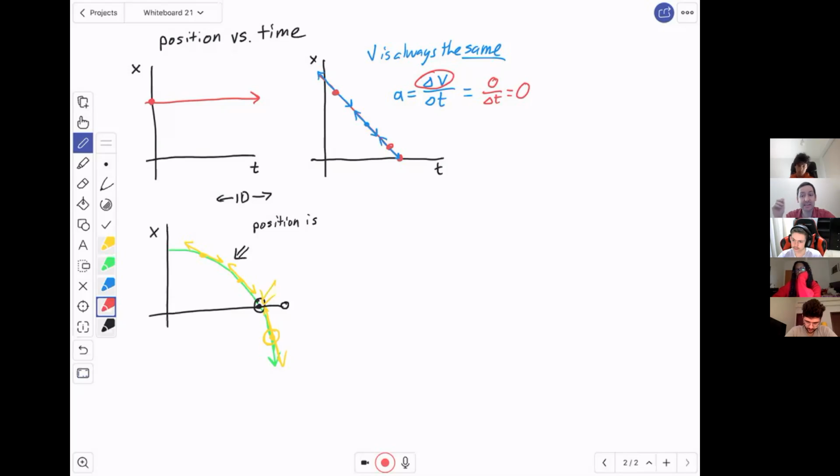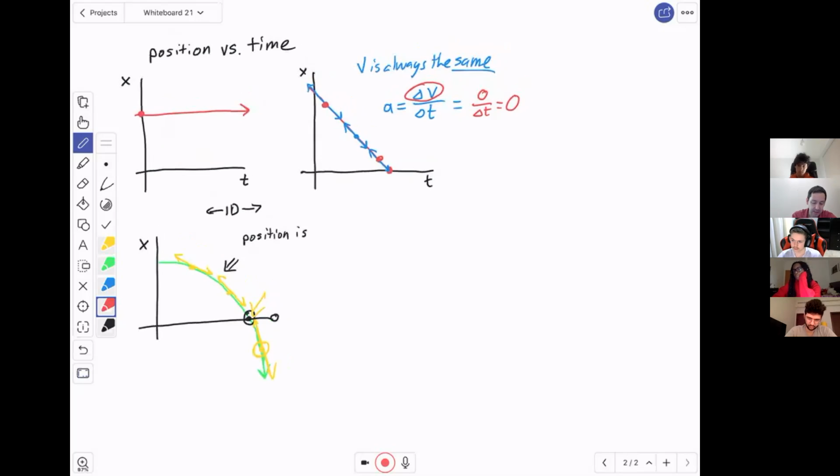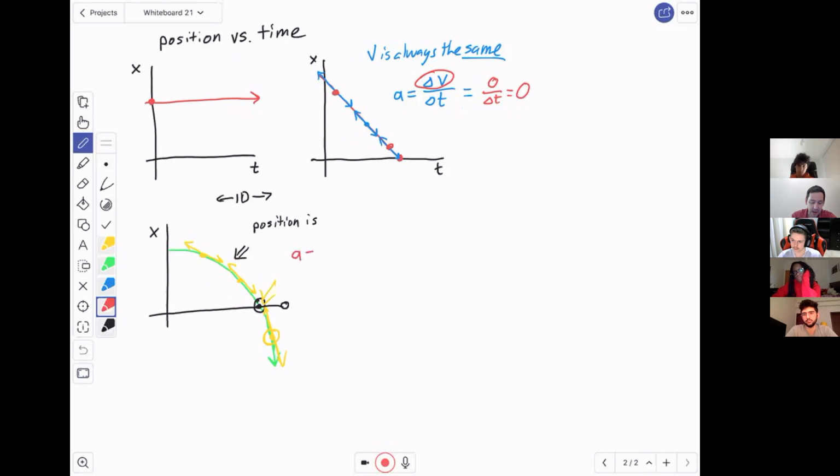Now, if the velocity is changing, so it gets more and more negative, what does that mean about the acceleration? Remember, acceleration is defined as the change in velocity over the change in time. If the velocity keeps getting smaller and smaller, what is the acceleration?